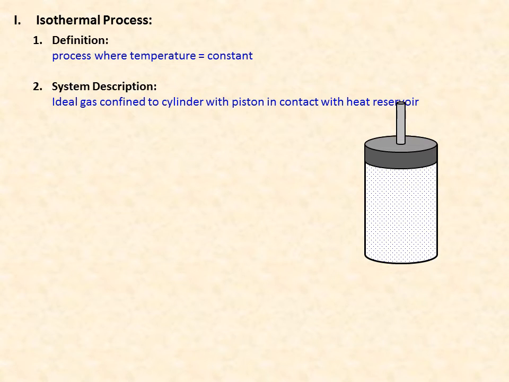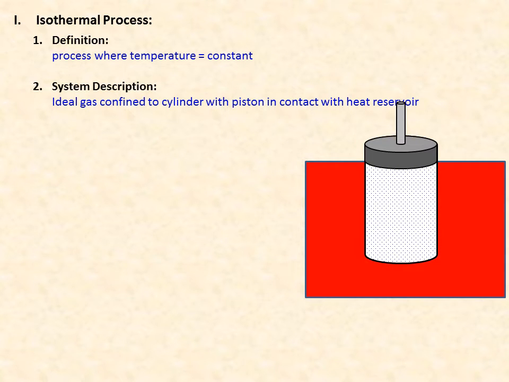To ensure that this process takes place at a constant temperature, we put our system, our gas and our cylinder and piston, in contact with a heat reservoir, which, remember, is an object that is considered so massive, so large, that any amount of heat that gets transferred to or from it will not change the temperature significantly. So in that sense, we can consider the process to be taking place at a constant temperature.